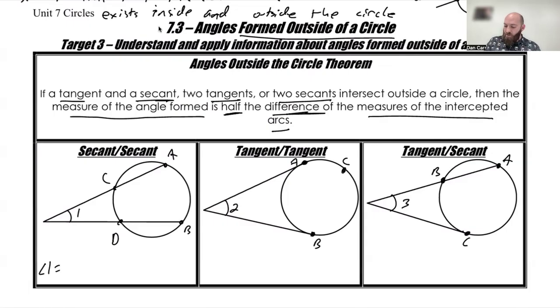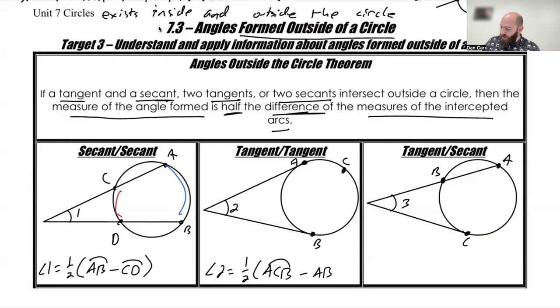So angle 1 is going to be 1/2 the arc AB minus CD. So when you look at that, here's my AB minus the CD. For the next one, angle 2 is going to equal 1/2 arc ACB minus arc AB.